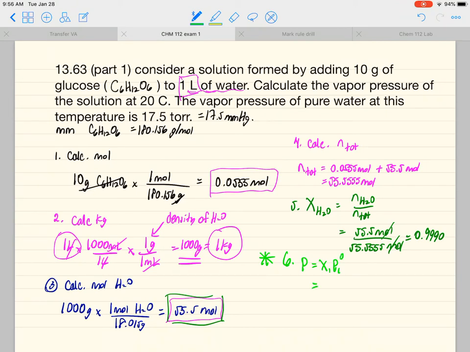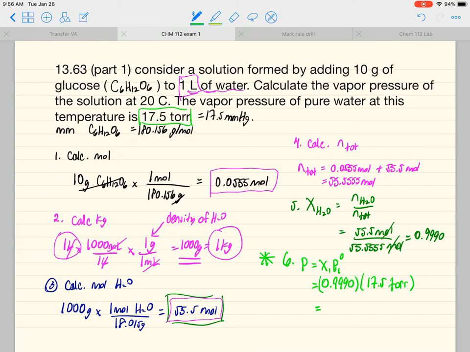So the mole fraction is 0.9990, and the pressure is, excuse me, 17.5 torr. That comes again from the word problem up here, so we don't use that information until the very end.